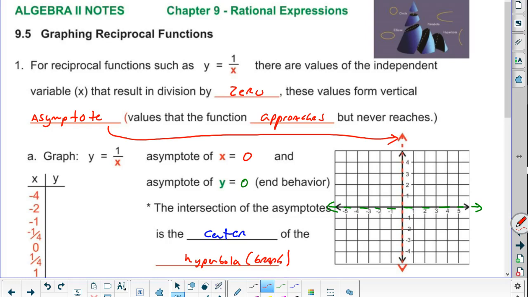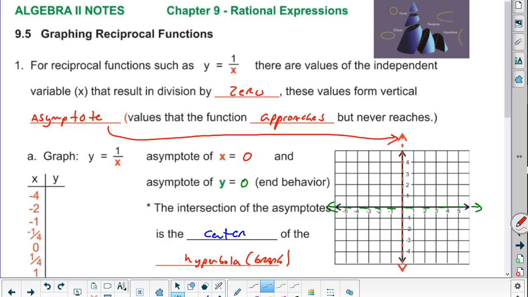The center is an imaginary point. It is not a point to where if you put the x, y values into the function, it will solve the function. I'll explain that a little bit more when we graph this, because I think you'll see it more clearly.